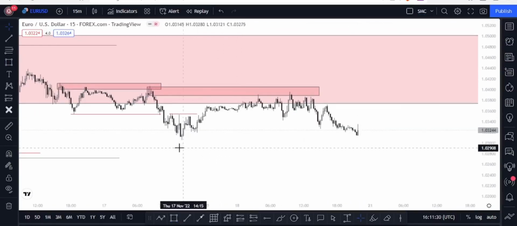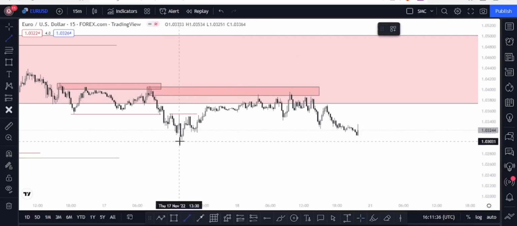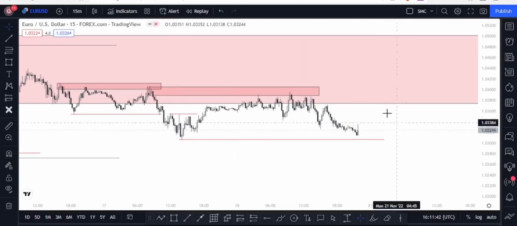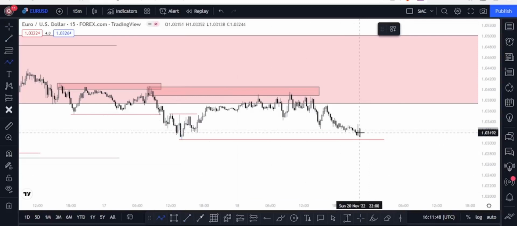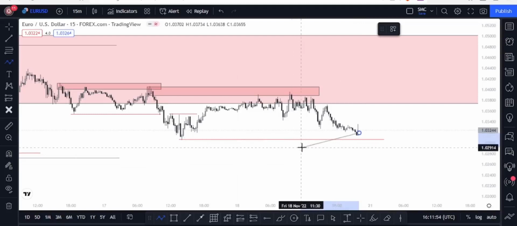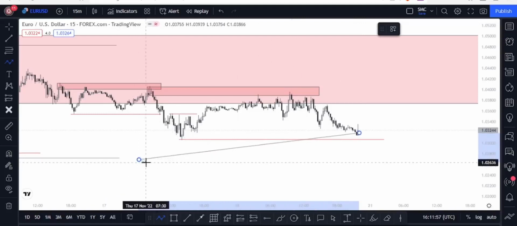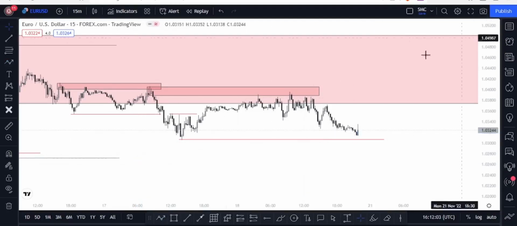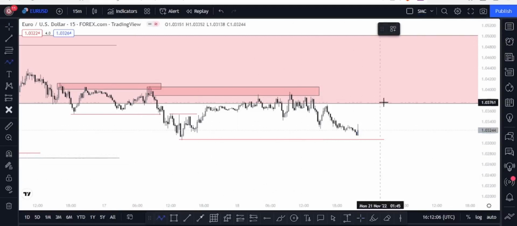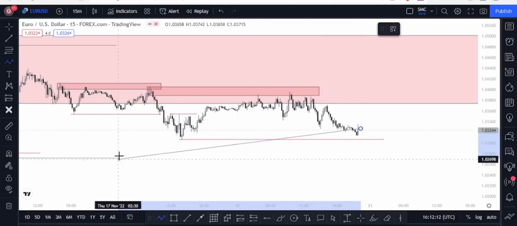So where are we now? Remember, this is your minor structure low here. So what are we expecting price to do this week? What I'm expecting price to do this week is for price to come down, clear this minor structure low, and perhaps clear the main structure low here.